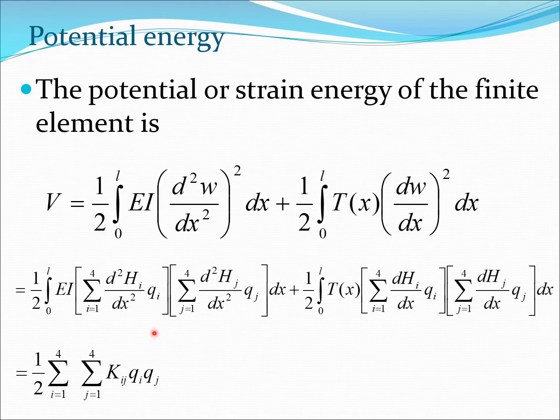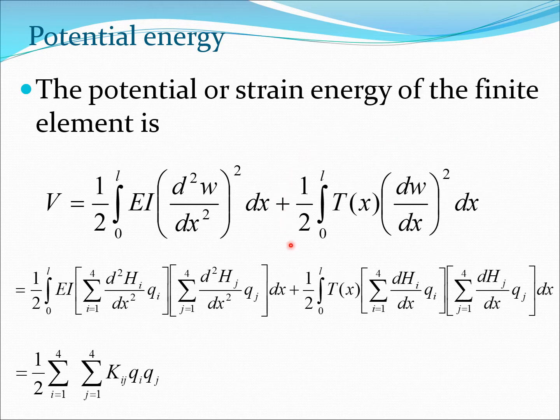Similarly, we can get the expression for the potential energy or the strain energy of the element in this case. And again, as before in the Rayleigh-Ritz method, we have the EI into (d2w by dx squared) squared term, and this is now from 0 to L because only the local level is being considered, not the global beam as in the Rayleigh-Ritz method.